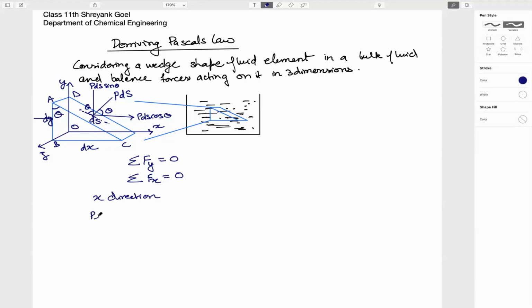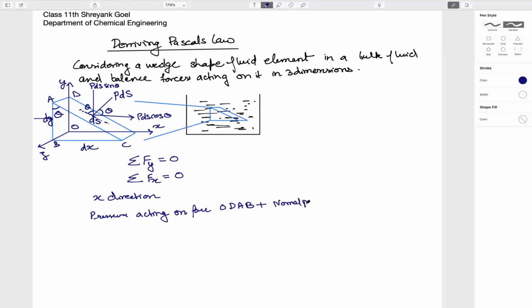So the pressure acting on face ODAB plus the normal pressure acting on this face.